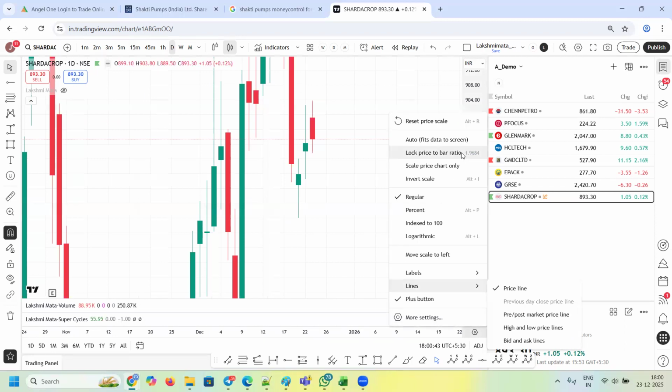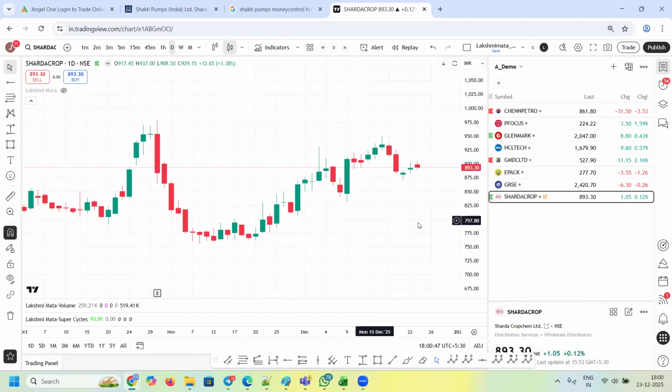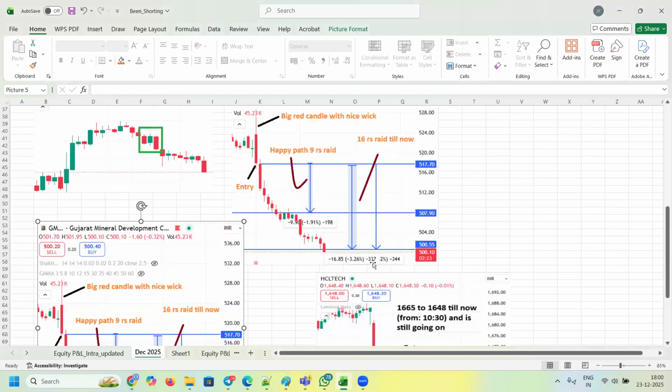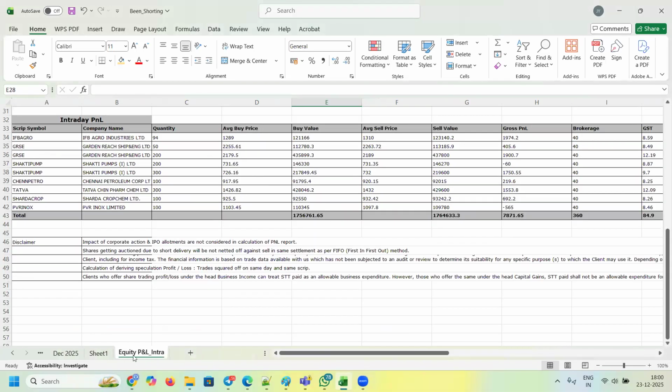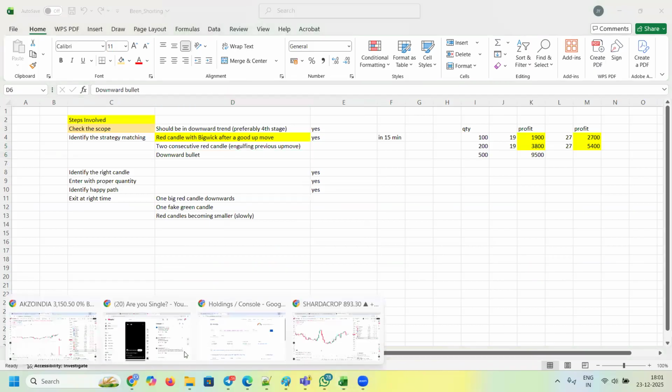Yeah, this is about shorting. If you see, it is clear, right? So this shorting trend is like two consecutive red candles or one downward bullet. Fine. These things confirm that the trend is matching. Even in the beginning, it can form a downward bullet, a proper bullet like this.